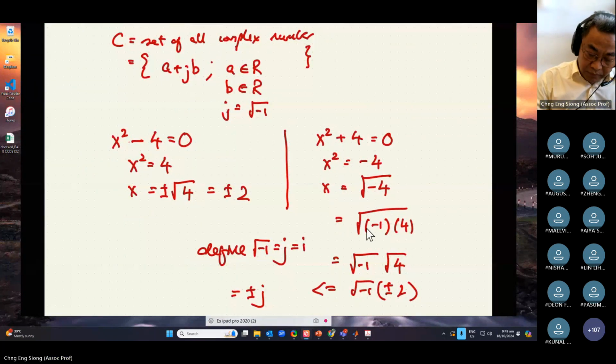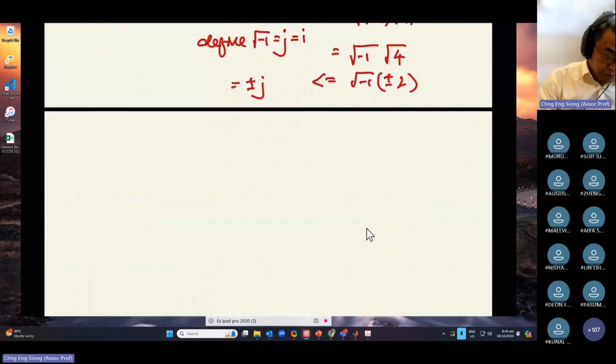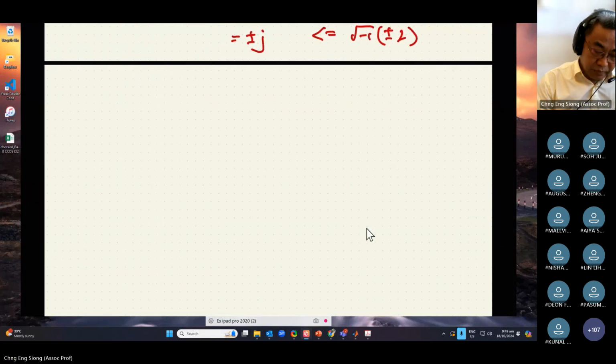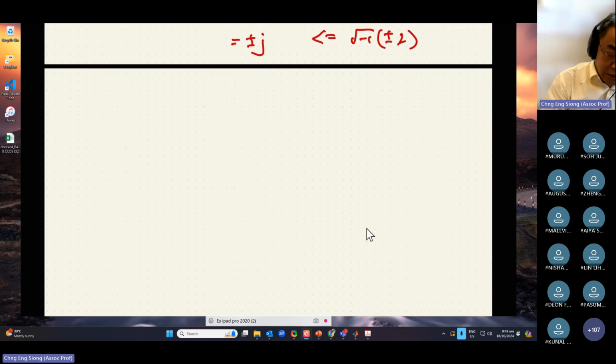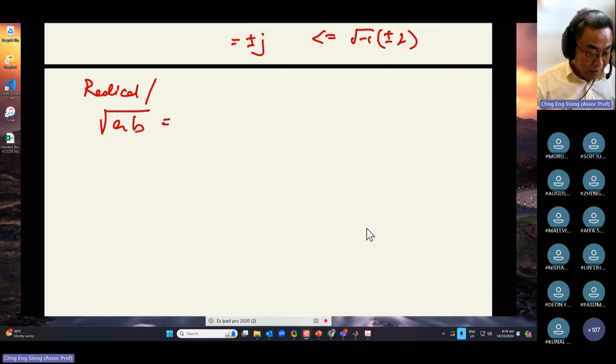Okay. So some revision, guys. Radicals. This is O level, A level. Square root of A times B equals to... someone tell me, please. A and B are real numbers.